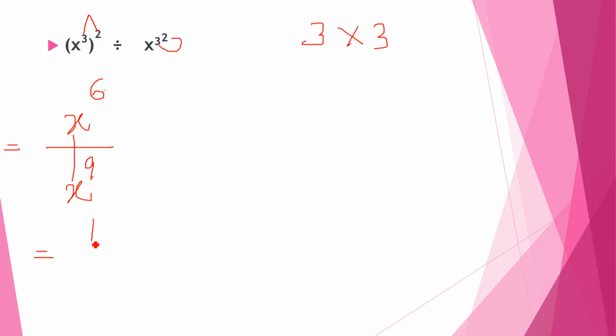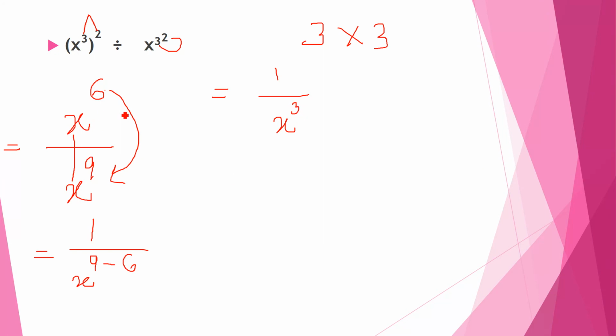So in the numerator you have only 1. Do not write down x, only 1, and then x is the base. In the denominator you have 9, and this is coming down to the denominator. Its sign will change. Now here it is positive, but when it comes to the denominator it will be negative 6. And here it will be equal to 1 divided by x cube.